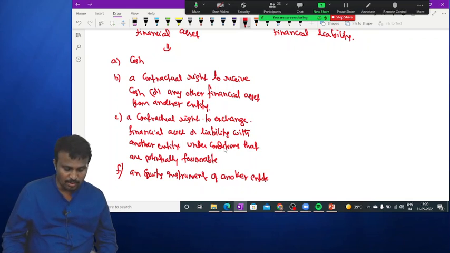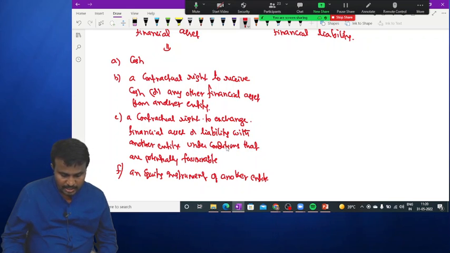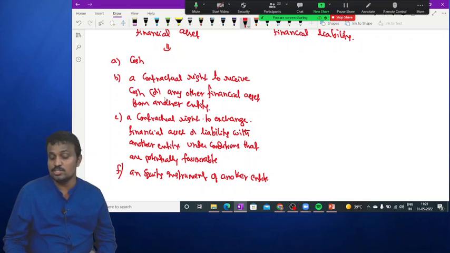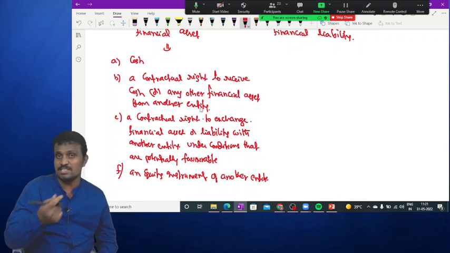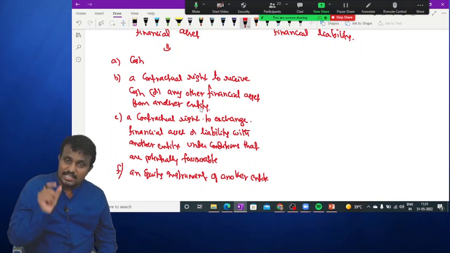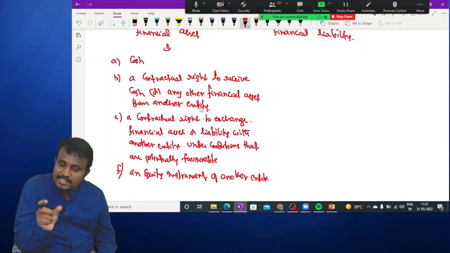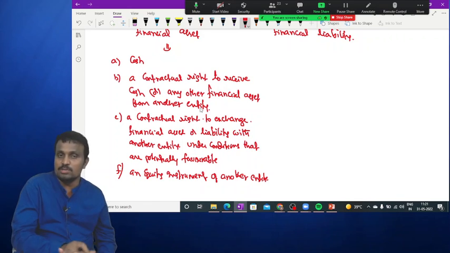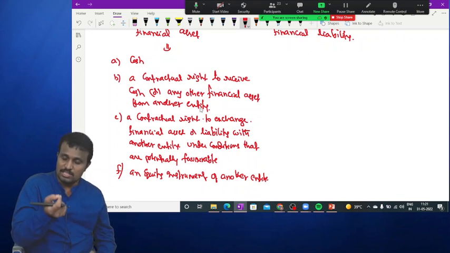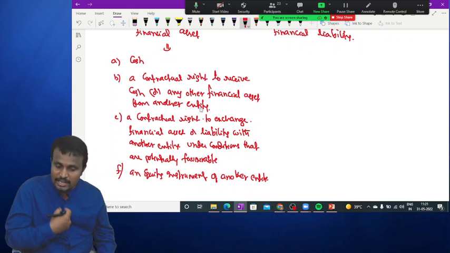So this is said to be a what? Financial asset. So financial asset includes what? It includes cash, or a contractual right to receive the cash or any other financial asset from another entity. If you observe the previous example, A Limited sells the goods to B Limited, and that is a contract, and that contract becomes receivable to A Limited in the future because it is going to receive the amount in cash.